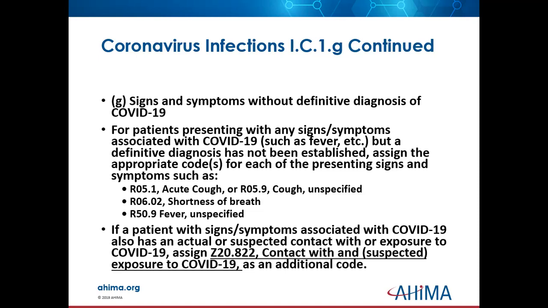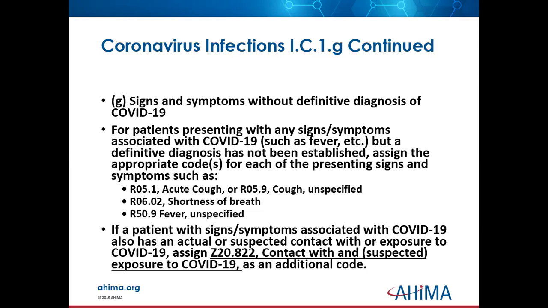In that case, since we don't have a definitive diagnosis, it would be a sign and symptom code, such as acute cough, R05.1, R06.02 for shortness of breath, R50.9, fever. Right. So again, if it starts with an R, it's a sign or a symptom, but without a definitive diagnosis, this is a code we would use.